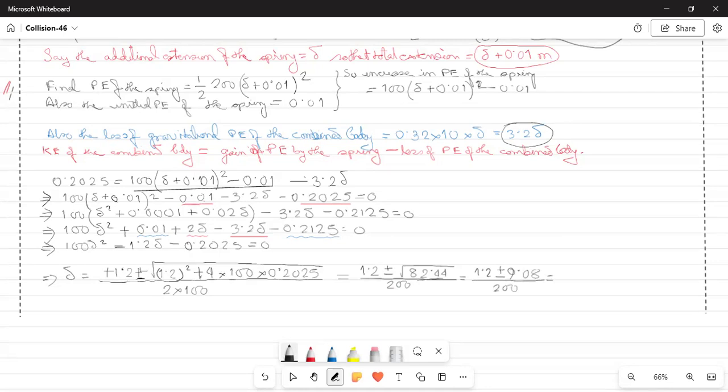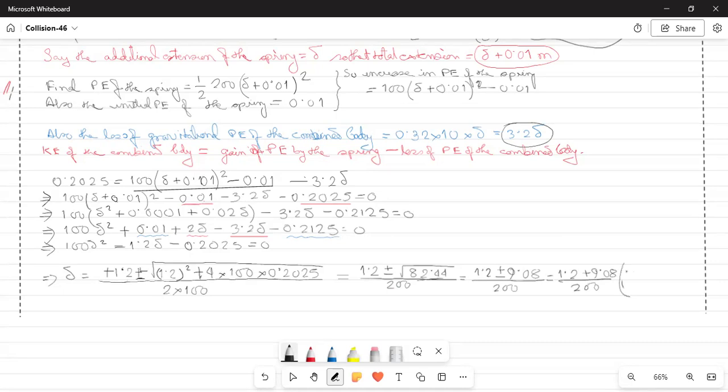Now, delta we know is positive. So it cannot be 1.2 minus 9.08. It can be only 1.2 plus 9.08 by 200.